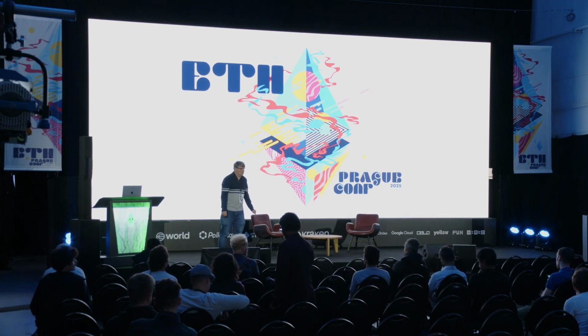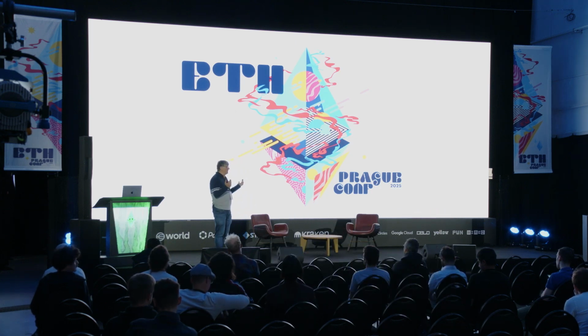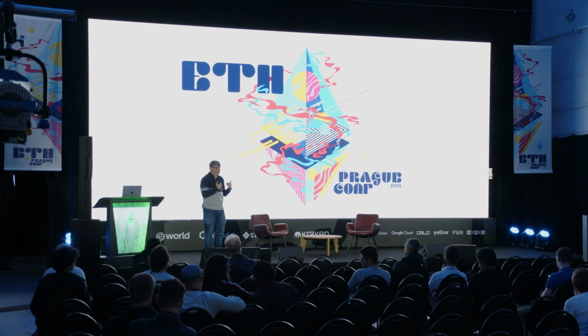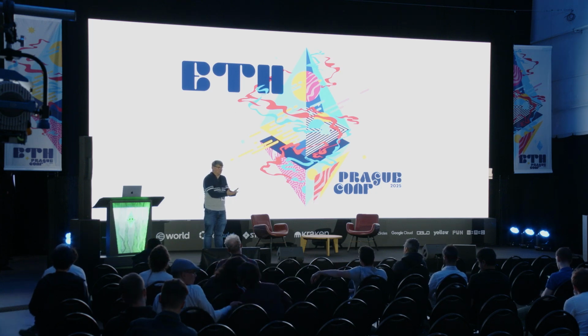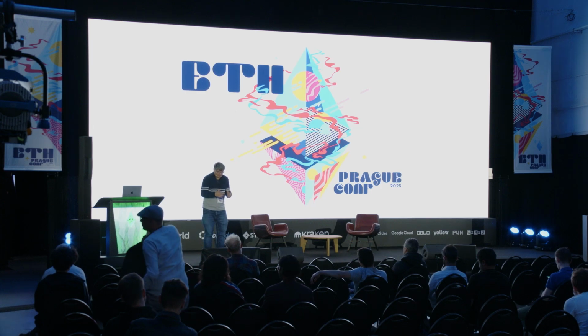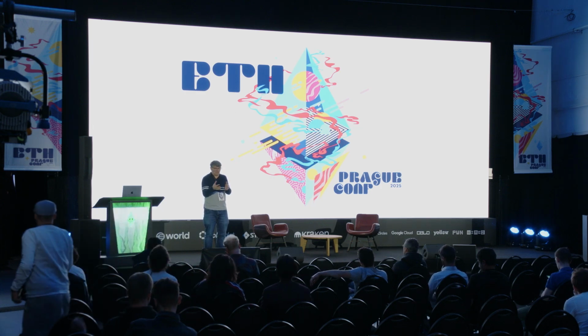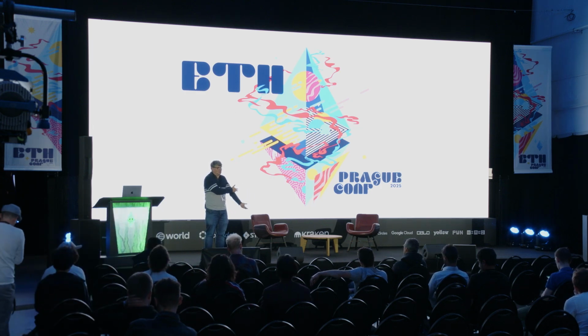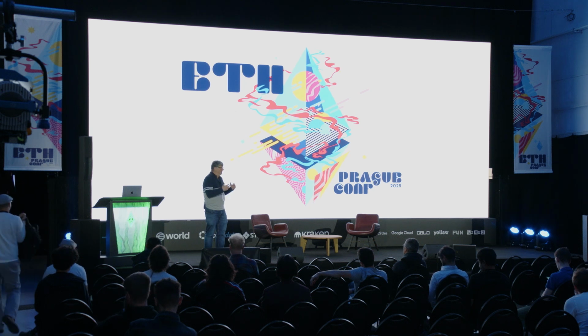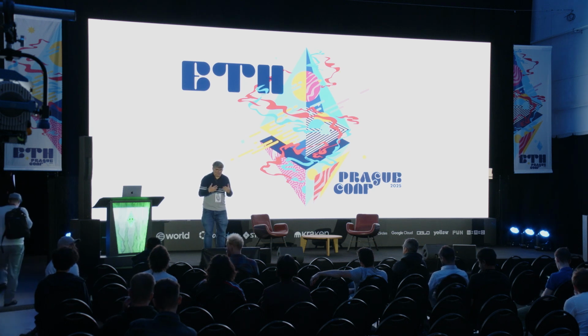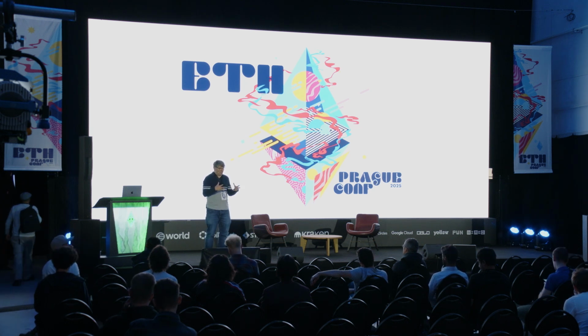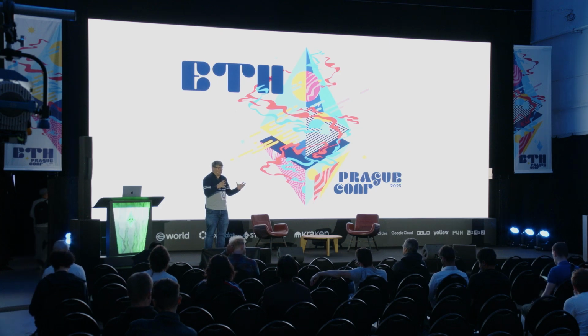ZK, yeah. In ZK you are proving a computation. So you have a computation and you prove that this computation is correct without having to execute the computation. In this, what we are doing is hiding a program. We are obfuscating a program.